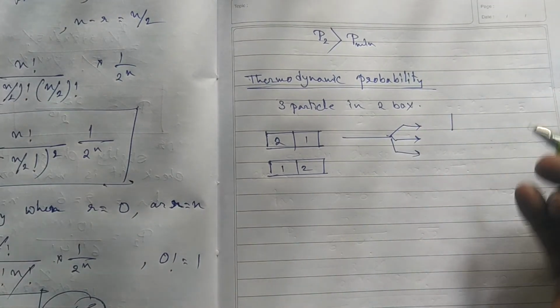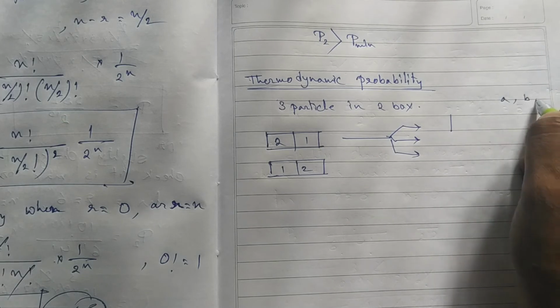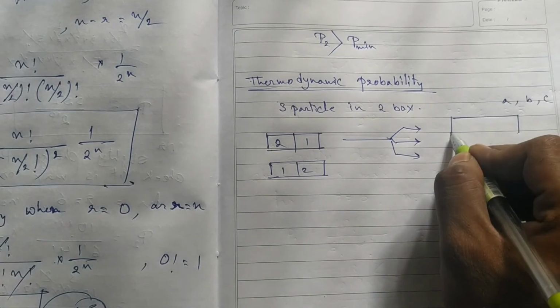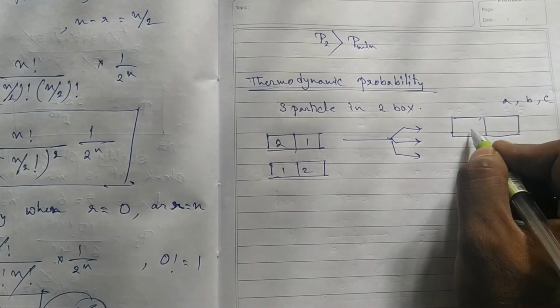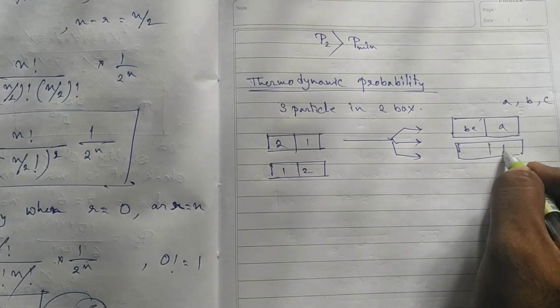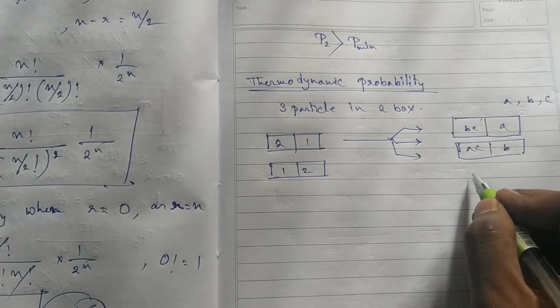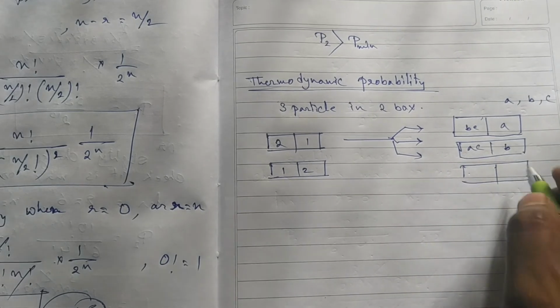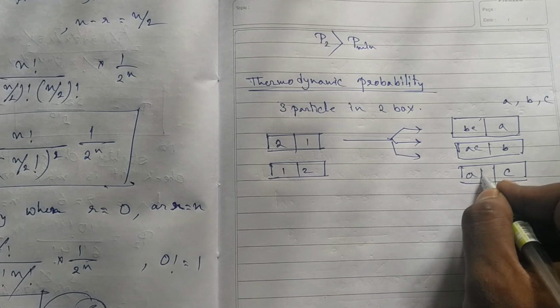So for the microstate, the particles are written as ABC. Because these are distinguishable particles, obviously BCA, BAC, CAB.